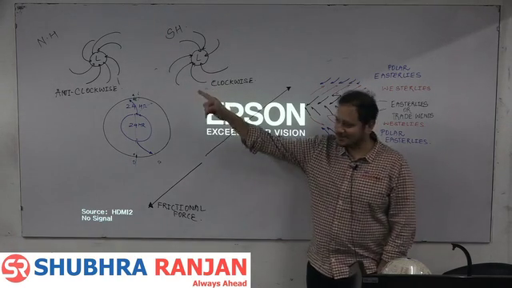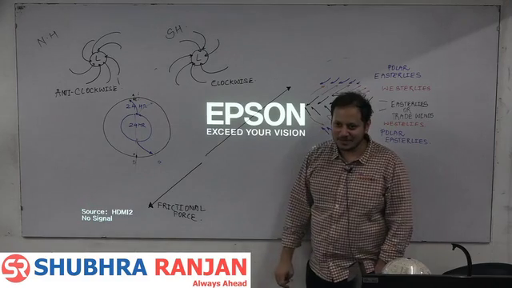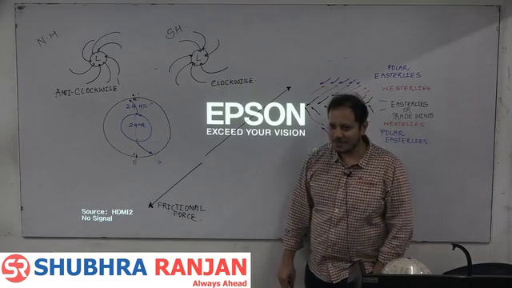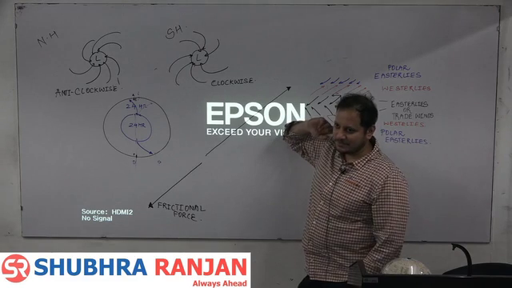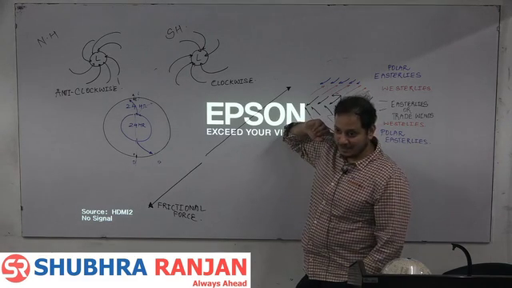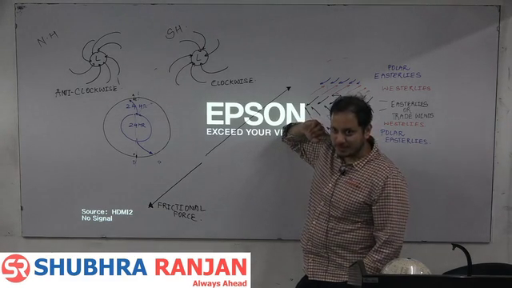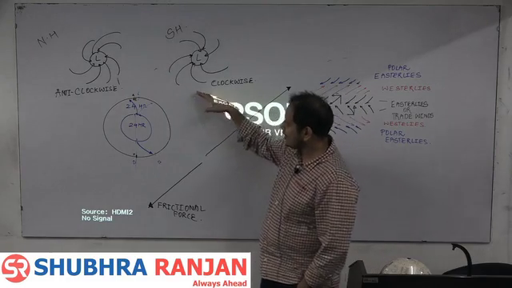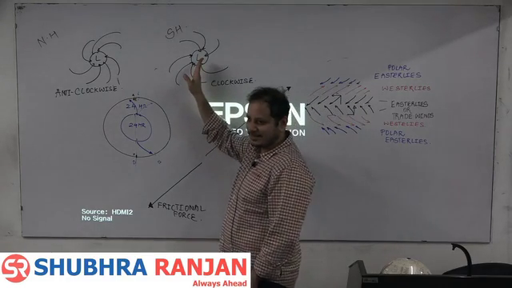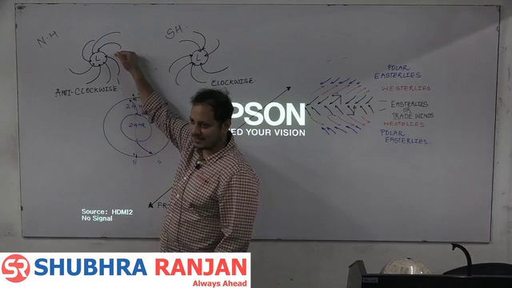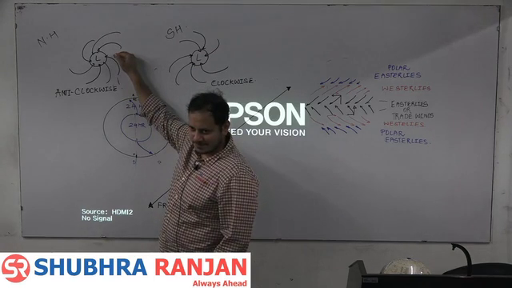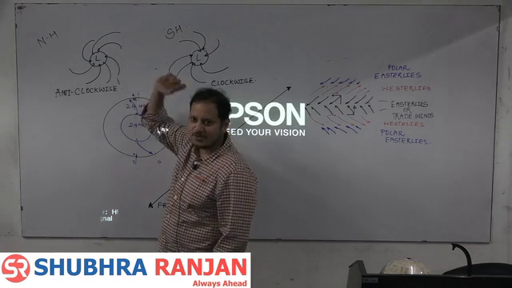This is right. That is anti-clockwise in the northern hemisphere. Coriolis force says the winds will get deflected to the right hand side in the northern hemisphere, but the cyclones तो southern hemisphere में left hand side जा रहे हैं. Right? ऐसे क्यों हो रहा है?